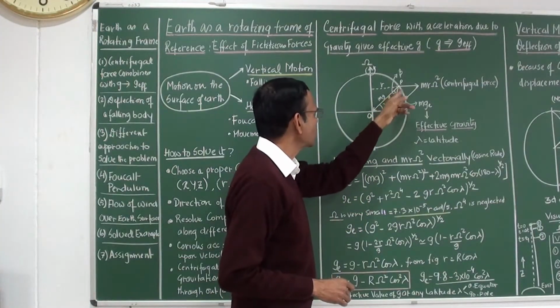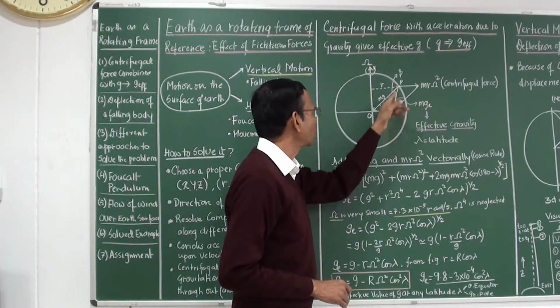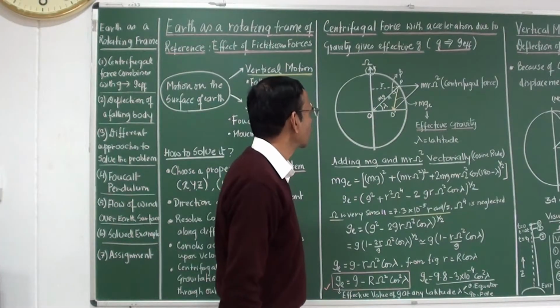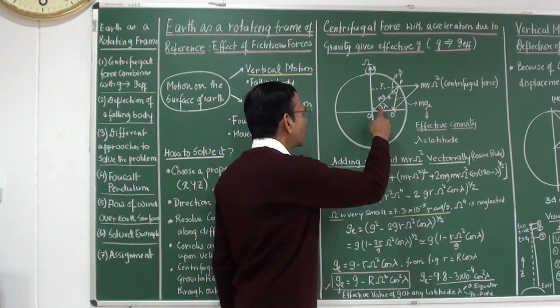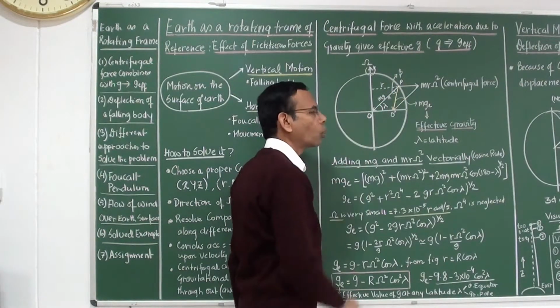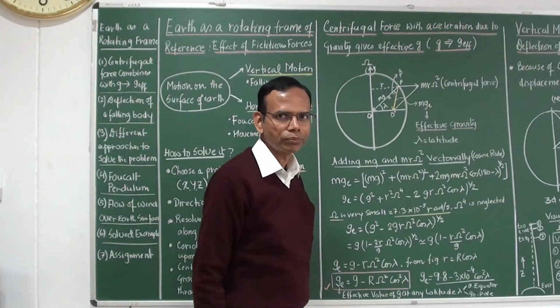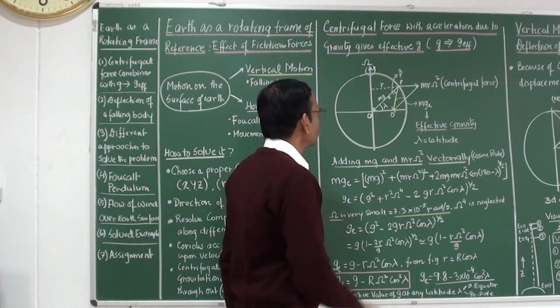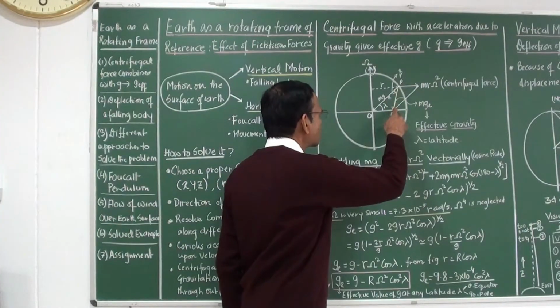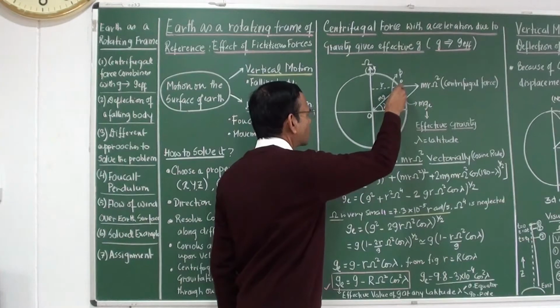So you make a parallelogram and add these two vectors. Now this lambda is the angle that this particle m is making with O. So this we call latitude. Now the resultant vector is this diagonal, this yellow line I am showing, this is the resultant one.